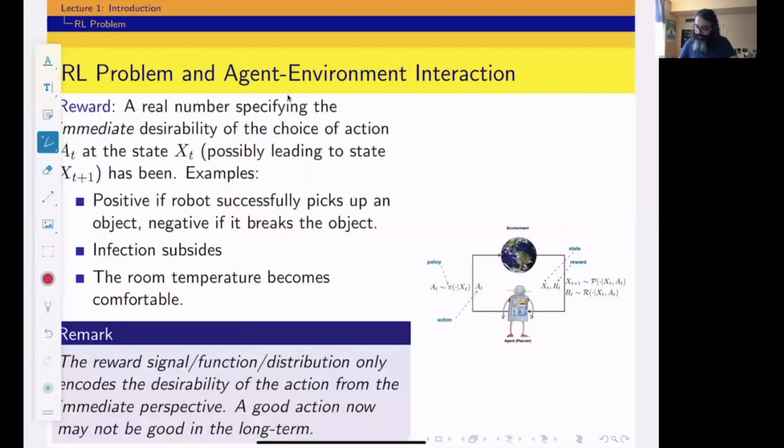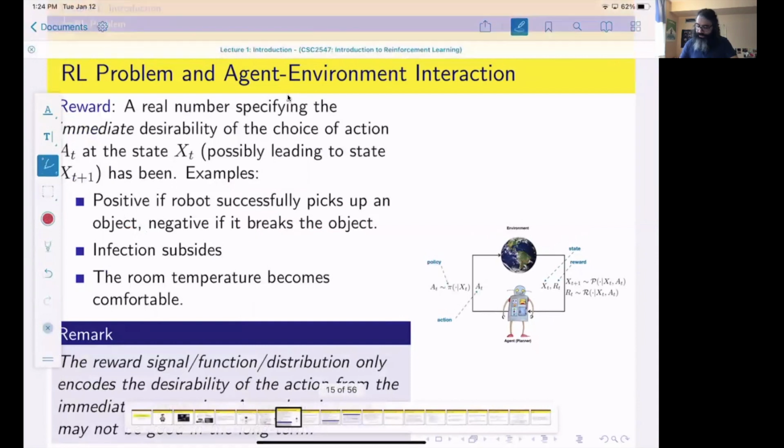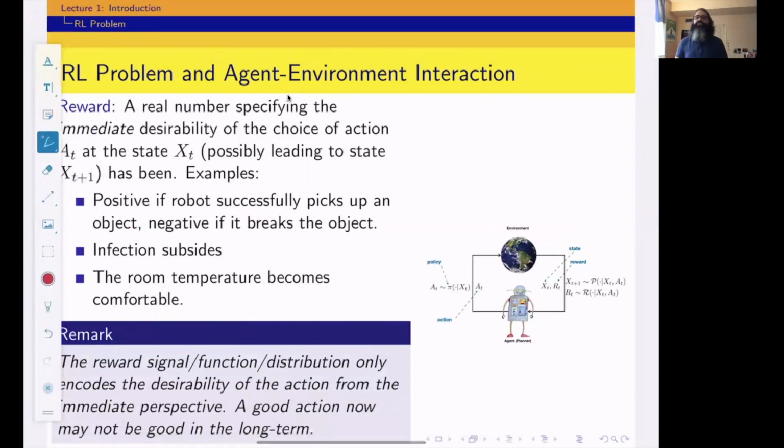Okay, one other thing that is important is the reward. I mentioned it, but here reward is a real valued number that specifies the immediate desirability of the choice of action at state xt. So for example, if we want the robot to go to some location and pick up some object, we give a positive reward if the robot achieves that. And if, for example, it breaks that object, that would be a negative reward.